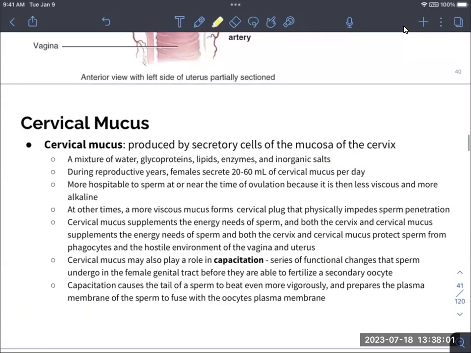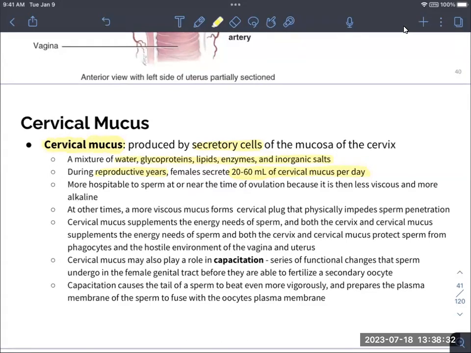So cervical mucus. Cervical mucus comes from secretory cells. It's going to be water, glycoproteins, lipids, enzymes, and different salts. This cervical mucus is produced during these reproductive years. Females are going to secrete out 20 to 60 milliliters of this cervical mucus per day.